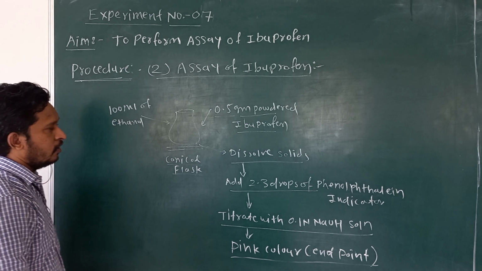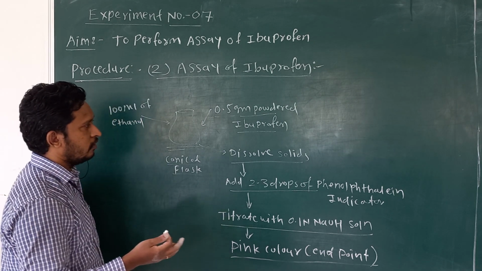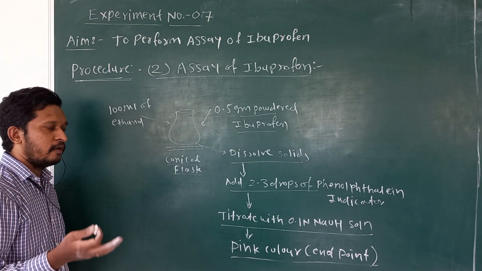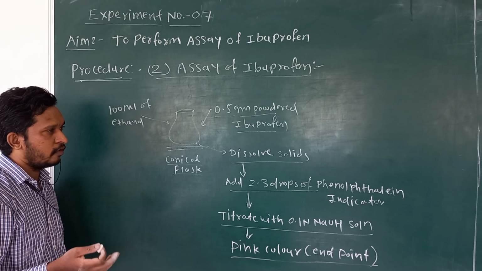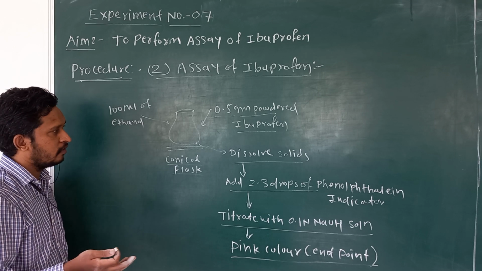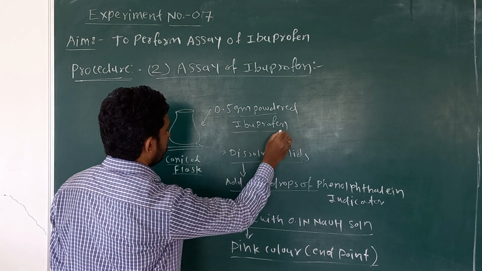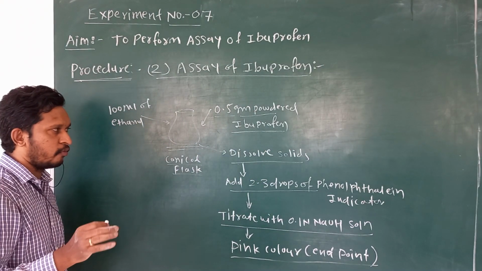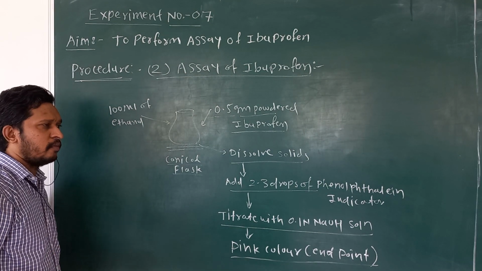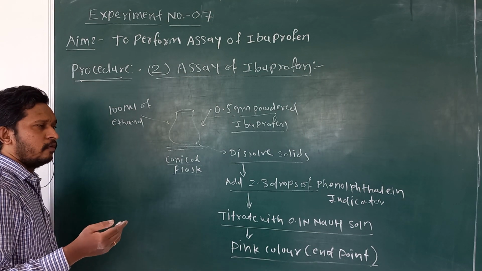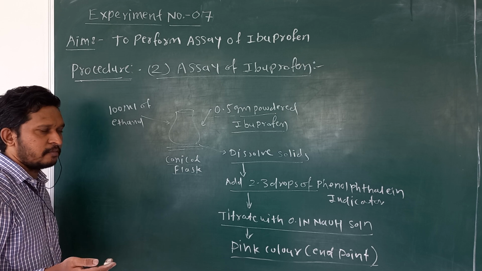Suppose you don't have the ibuprofen in bulk form, or in large quantity, you can take the ibuprofen from tablets. We have marketed preparations in which ibuprofen is present as tablets.